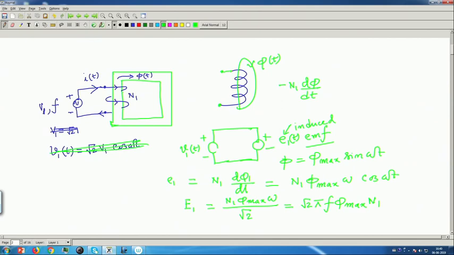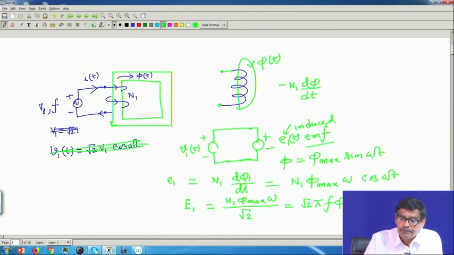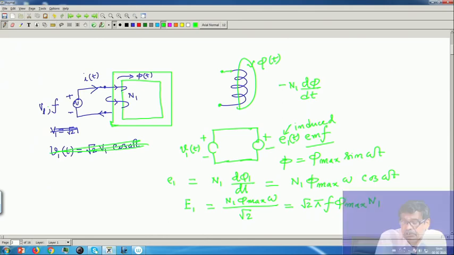See, I am not so much bothered about this minus sign. My intention here is to calculate the RMS value of the induced voltage. Differentiate it, you get the peak value, divide by root 2 and that will give you the RMS voltage. In this circuit KVL equation must be satisfied. R is vanishingly small. So, applied RMS voltage must be equal to the induced RMS voltage.